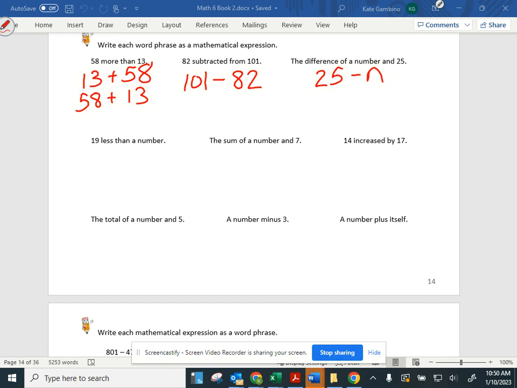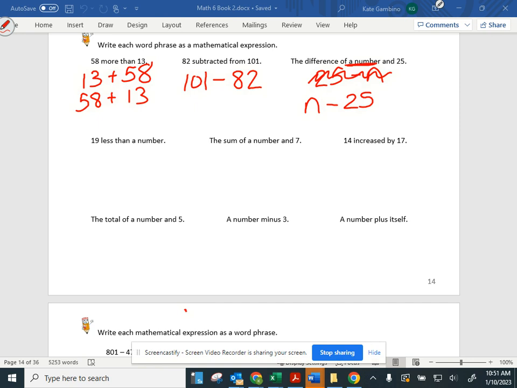Good catch. It is not 25 minus n. It's the difference of a number. So that's why we use n, or any variable. You could use x, you could use a, any variable. I'm going to use n because it's number. It starts with the letter n. So the difference of a number and 25. 25 minus n and n minus 25 are not the same. When we're saying the difference of, we start with the first number, which is n.